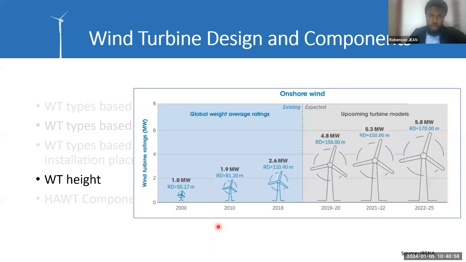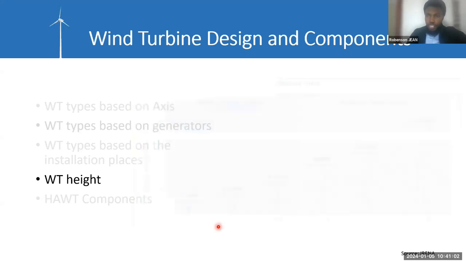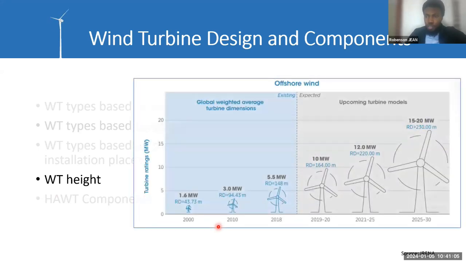So this was for onshore wind turbines, but look at the tendencies for offshore wind turbines. For offshore wind turbines, you can see that the rotor diameter can reach a wider range. Why? The fact is people don't like to see wind turbines in front of them in some communities. So the constructor cannot produce very big or very tall wind turbines.